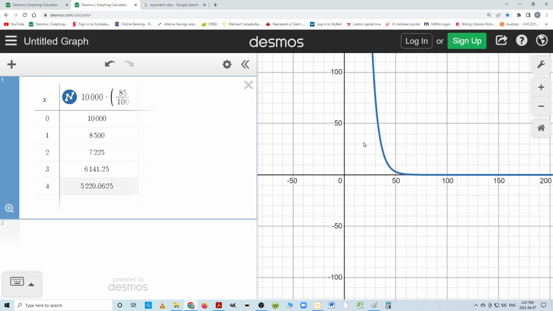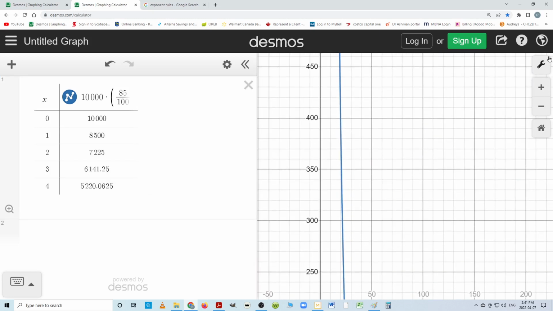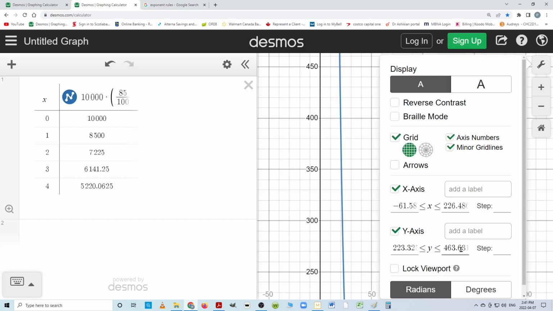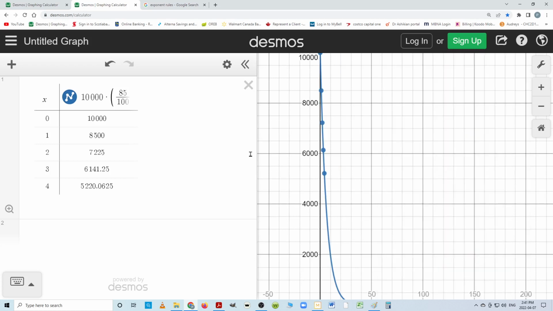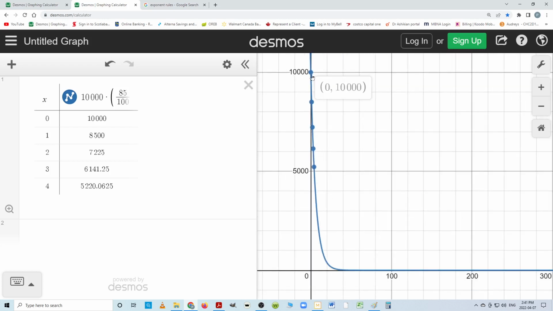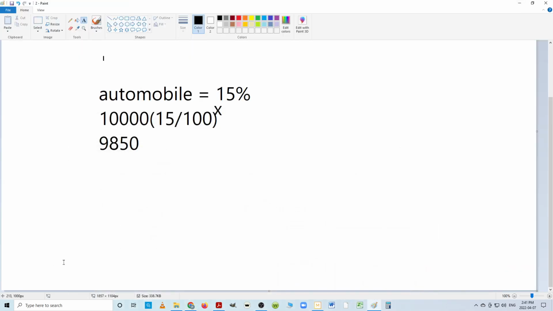And I'd have to go way up on 10,000, so I'd have to change my y-axis to 10,000 to see it properly. There we go. That's when I first buy my car. That's after a year. That's after 2 years. That's after 3 years. That's after 4. So we can see my car is getting worse and worse in value as time goes on, as soon as you buy it, actually.